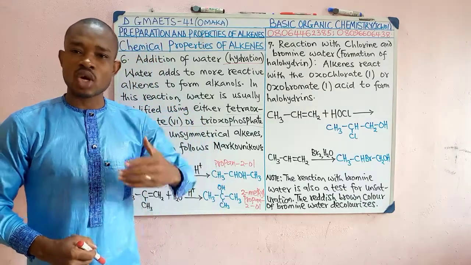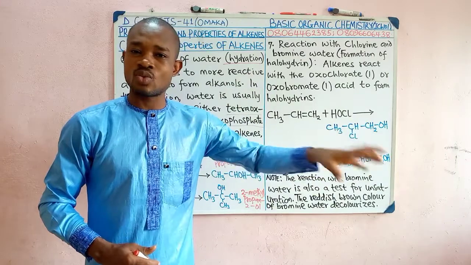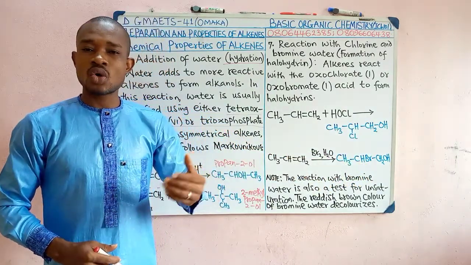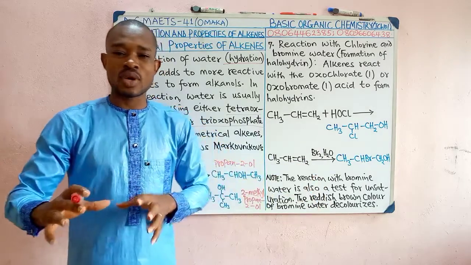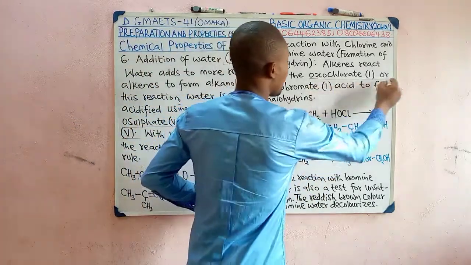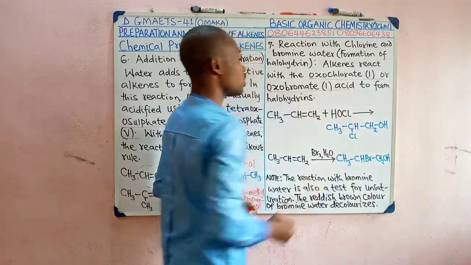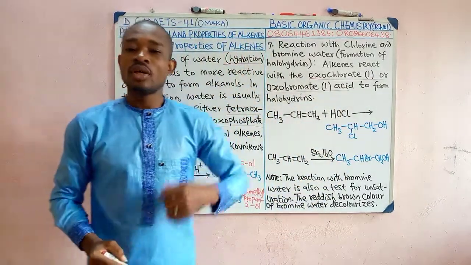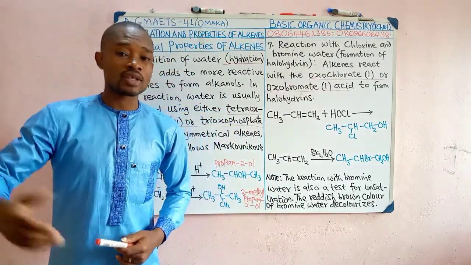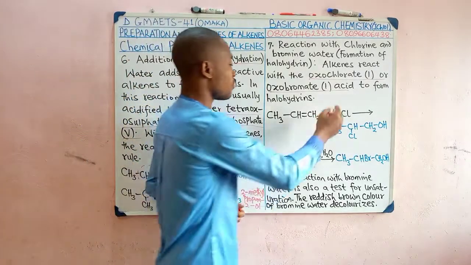We refer to them as oxochlorate 1 acid when the reaction is between chlorine and water, or we refer to it as oxobromate 1 acid when the reaction is between bromine and water. So take note of that. When you hear of bromine water or chlorine water, they are actually oxobromate 1 acid and oxochlorate 1 acid. The reaction leads to the formation of what?